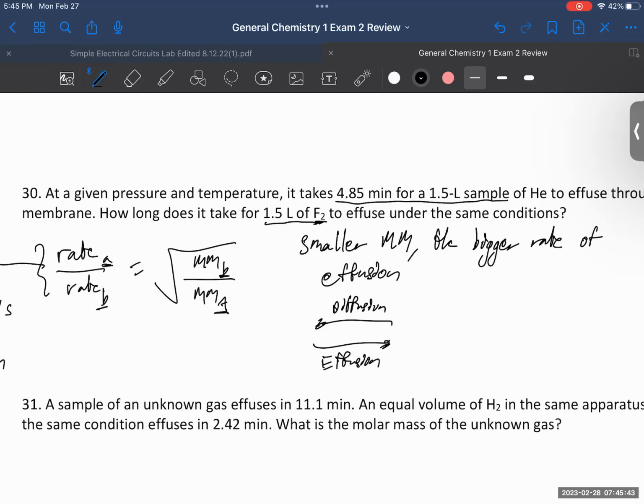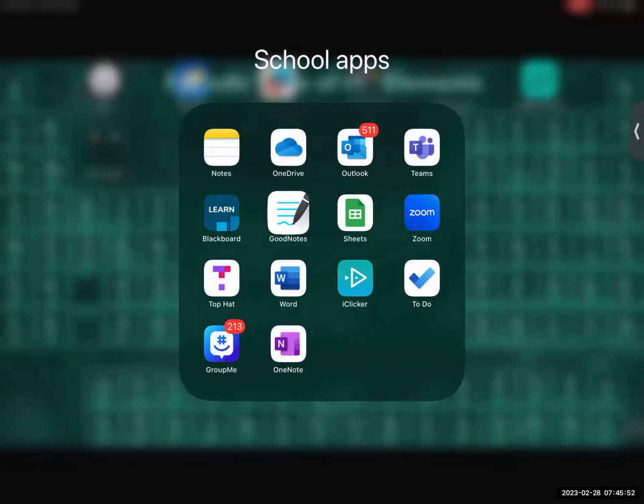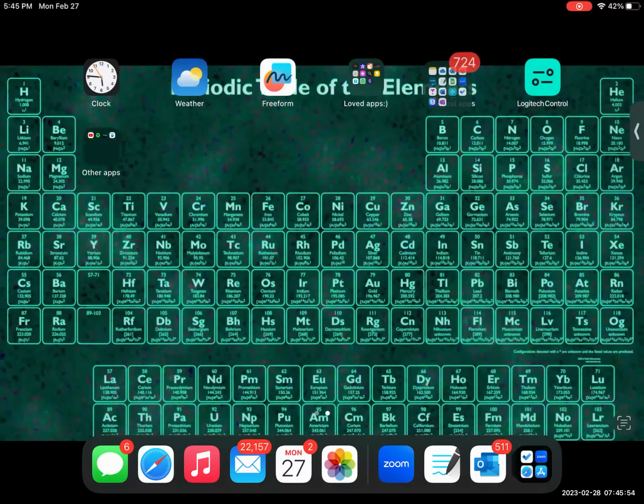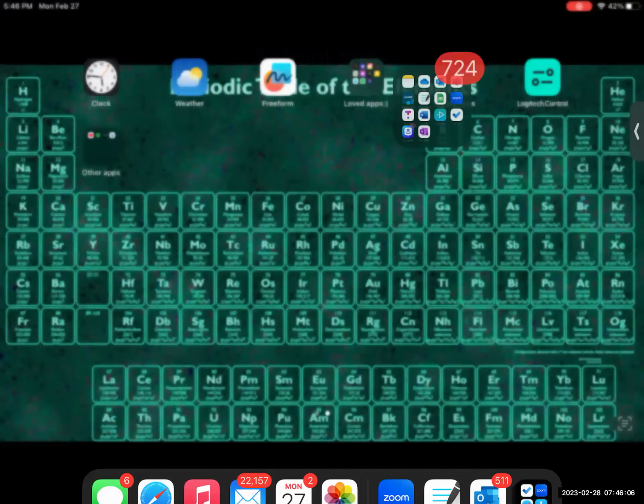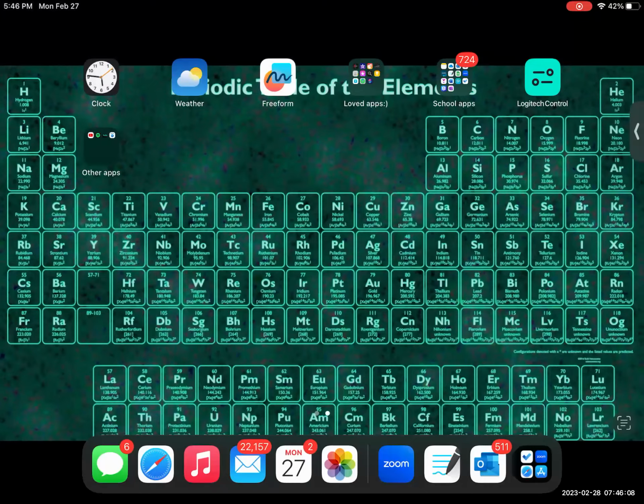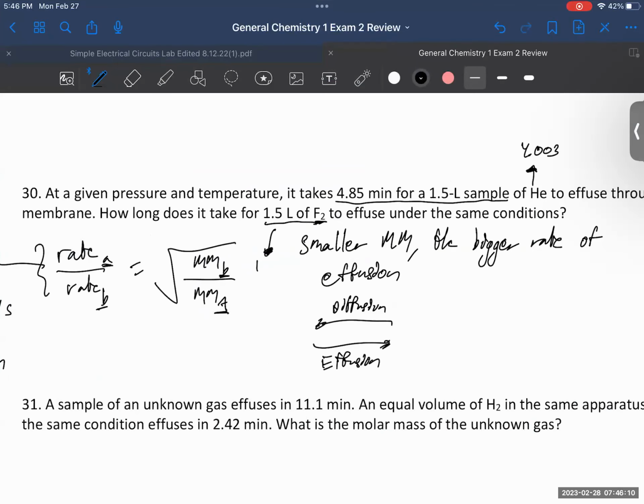We have to find molar mass, right? Yeah, that would be a start. So for helium, right, the molar mass is 4.003. And for F2, the molar mass is 18.998.